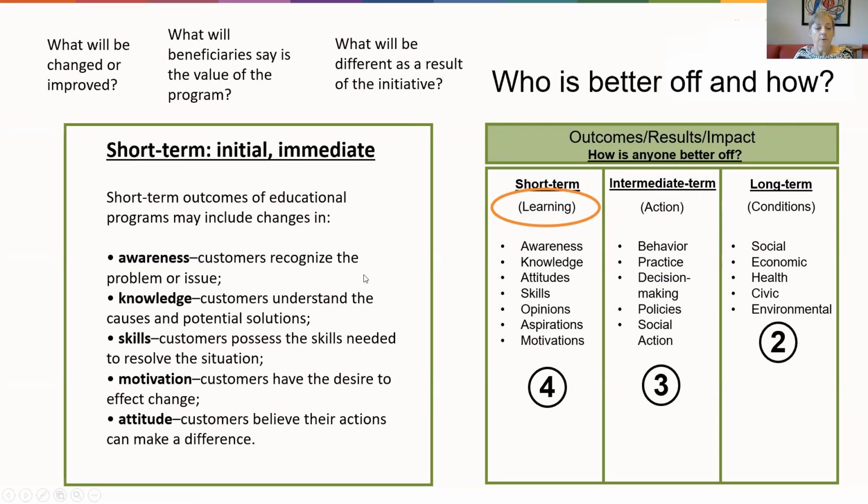Skills: maybe we want the customers to possess the skills needed to resolve the situation. And create motivation: customers have the desire to affect change. And customers believe their action can make a difference. That's a good one.